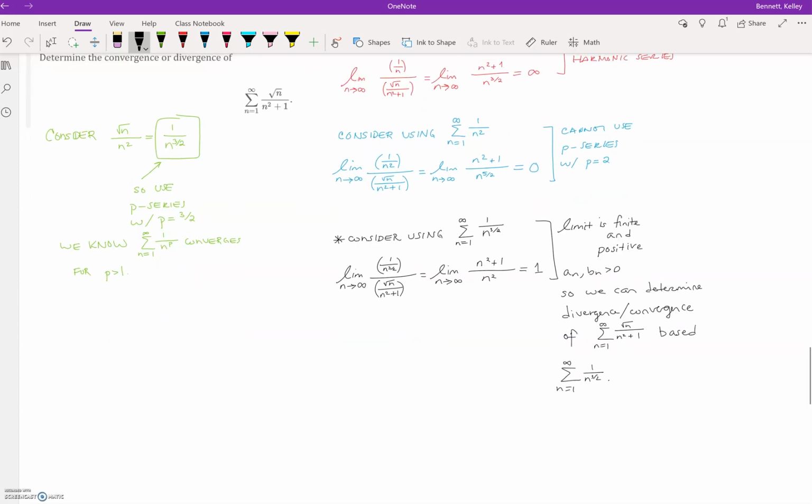So our conclusion here is that the series of the square root of n over n squared plus 1 converges.